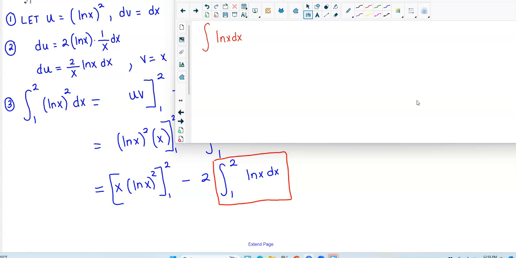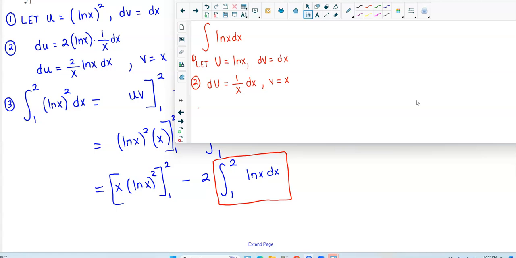Okay, and so then we're going to let capital U equal the natural log of x. And then we're going to let capital dV equal dx. And so therefore, dU is going to equal 1 over x dx. And then V is going to equal x.